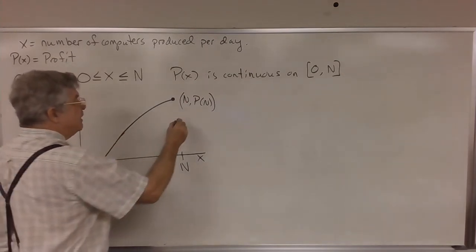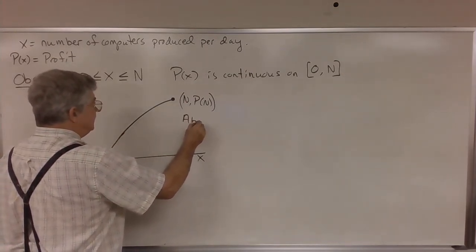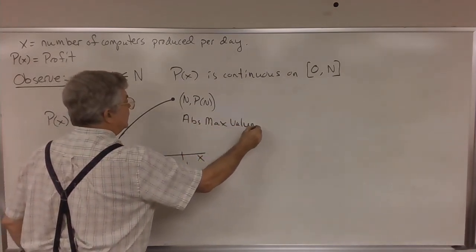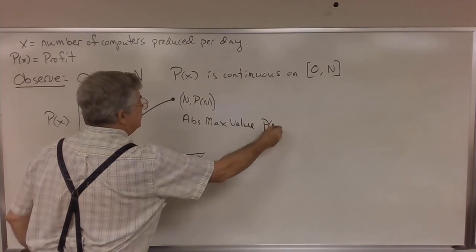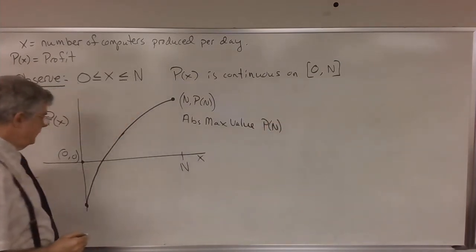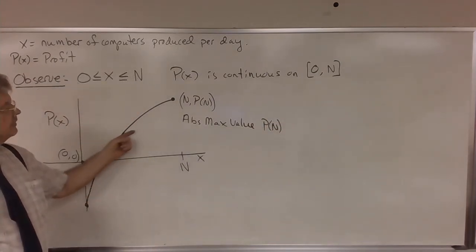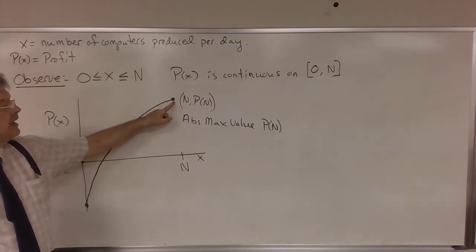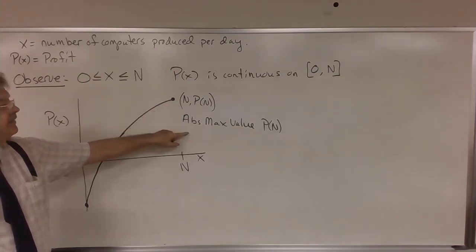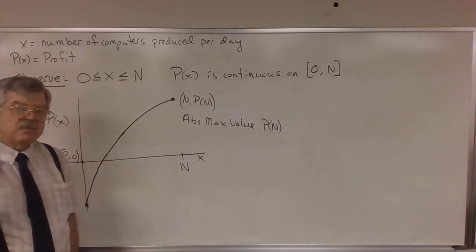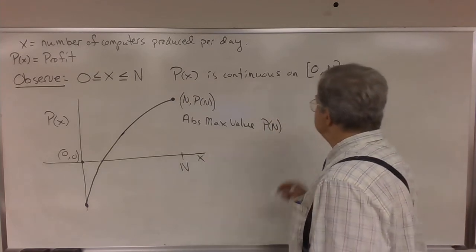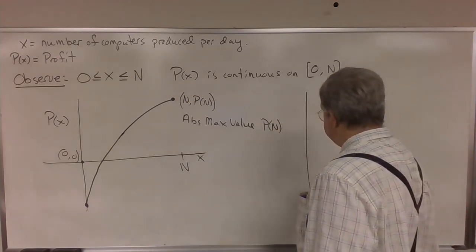So this is my absolute max value, P of N. That's one scenario. I increase production to full capacity, and that gives me my maximum profit, P of N. That's one scenario. Now there's another scenario.